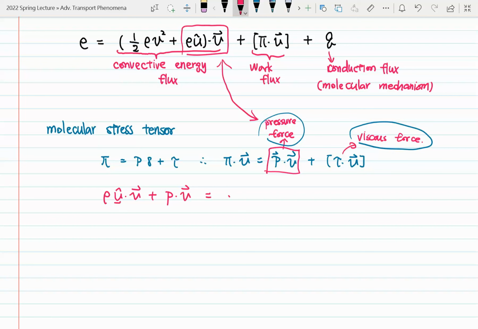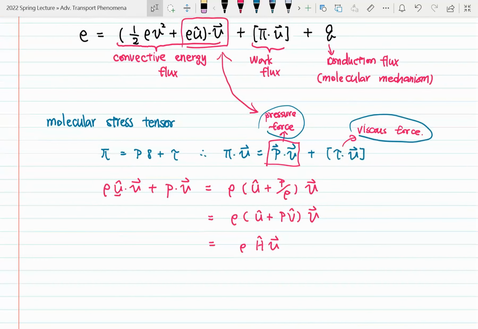So we can rewrite this as rho times u plus p over rho, times velocity, equals rho times u plus pv-hat, times v, and this equals rho h-hat v. So we can rewrite the energy flux vector by combining the pressure force and internal energy to become the enthalpy term.